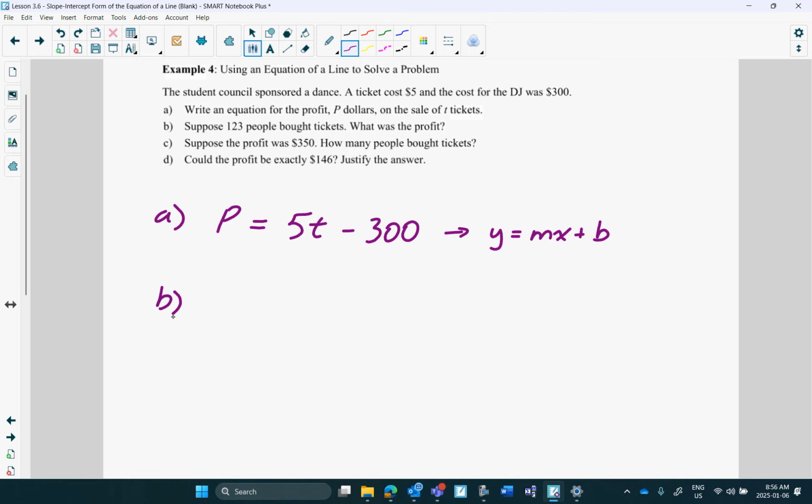Well, let's say 123 people bought tickets. What was the profit? Does the 123 represent T or P? T. So to calculate the profits, I'm going to go 5 times 123, but then I got to subtract what I'm going to pay to the DJ.